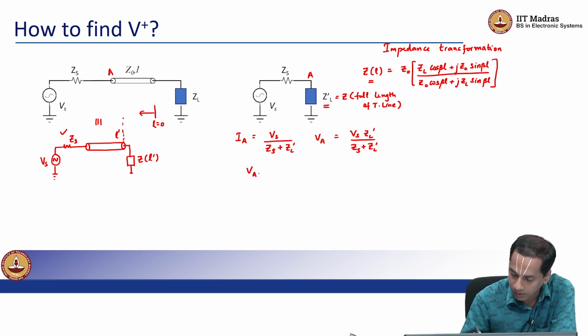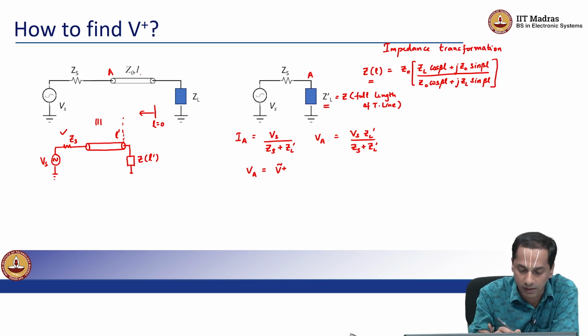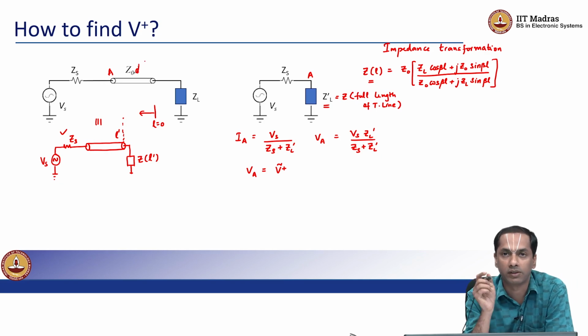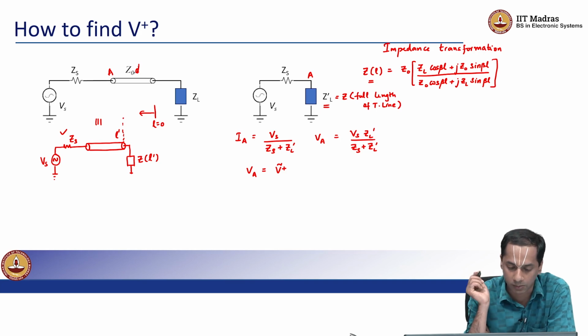Then we also know that this Va at the beginning of the transmission line must have been the sum of the forward and reflected waves. I am using small l as a variable as well as the length of this transmission line, so maybe let me make this into d, right. So let's say d is the length of the transmission line.